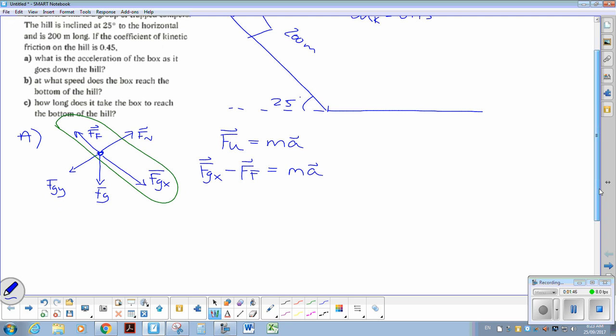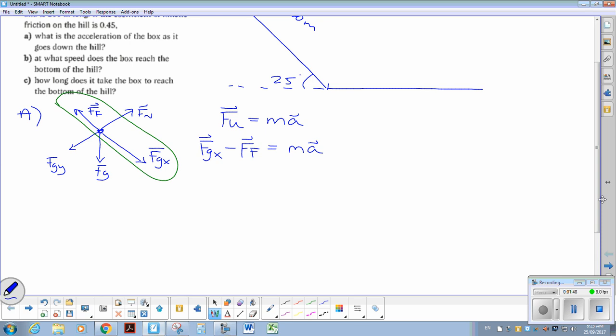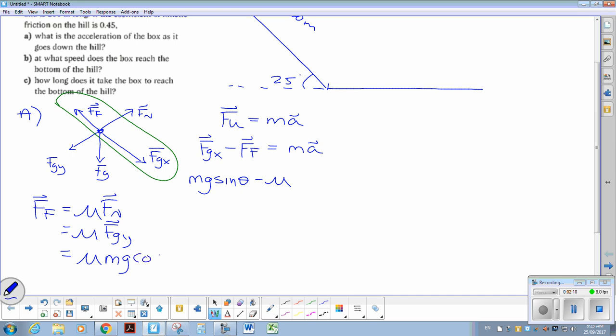So, moving along, FGX, that is mass times gravity, and we're on a slope, so it is sine theta, minus friction. Force due to friction is equal to μFn, and in this case, Fn is Fgy, and Fgy is mass times gravity cos theta.